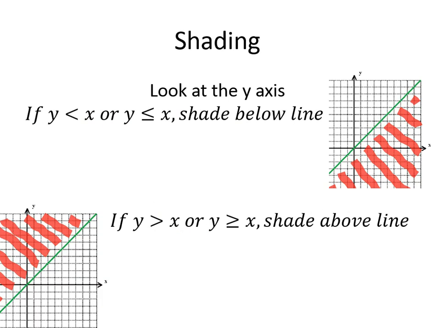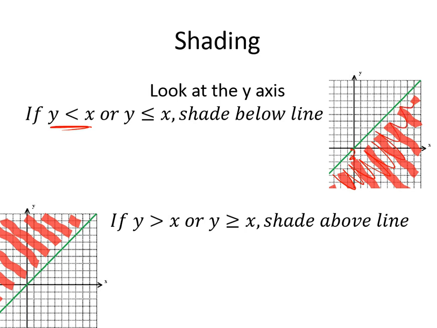Now, shading. One of the things I like doing with shading is that I look at the y-axis. Once you graph your line, you look at the y-axis and then you look at your inequality. As you see here, this says that y is less than x. So you look at your y-intercept and you go, okay, I'm going to shade the part that's got the point that's below it. As you see, 1 point below the origin here, so I'm going to shade all this region.